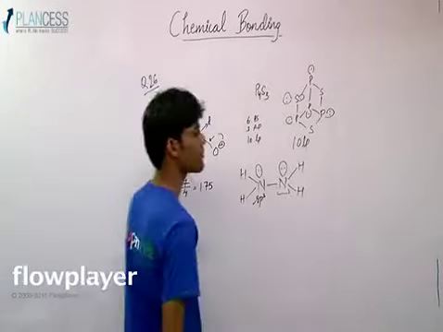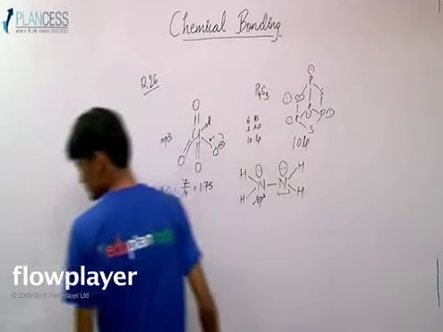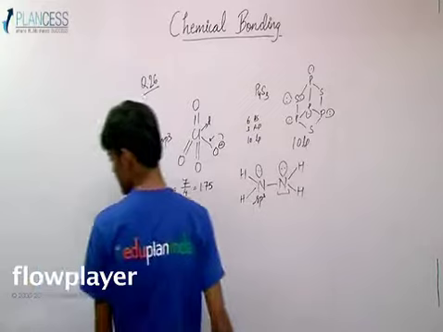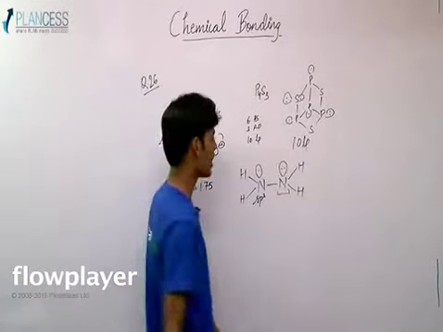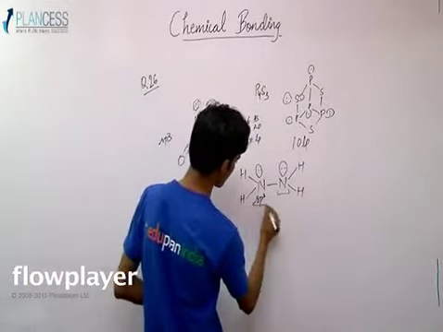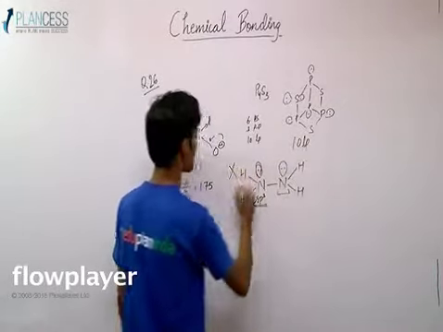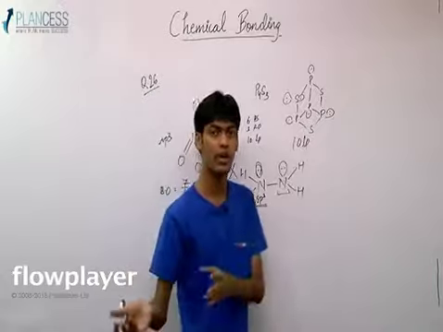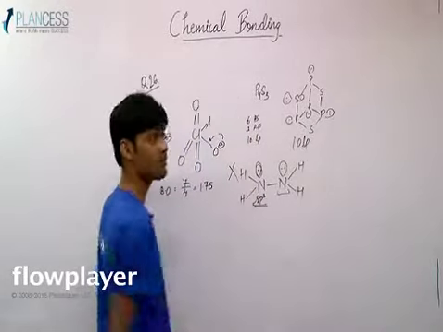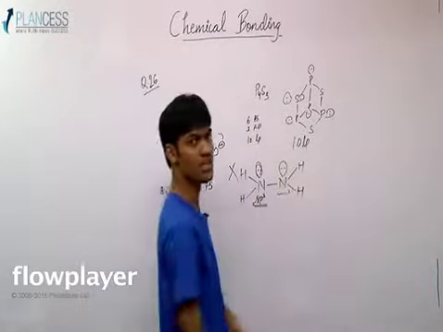The next statement is that Br2 and ICl have the same number of electrons and thus both have nearly the same boiling point. This is correct because they possess the same number of electrons and their molecular mass is quite the same.